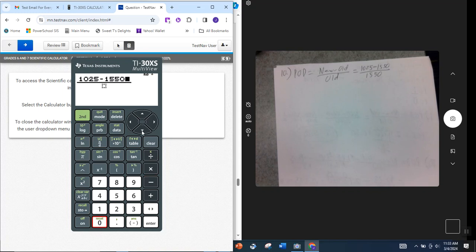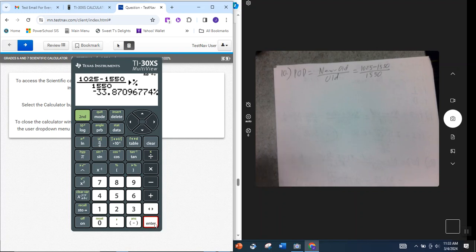Then you will hit the down arrow and do 1550. Hit the right arrow, and then you will press second, and then this close parenthesis, because you want to change this to a percent, and you will press enter.